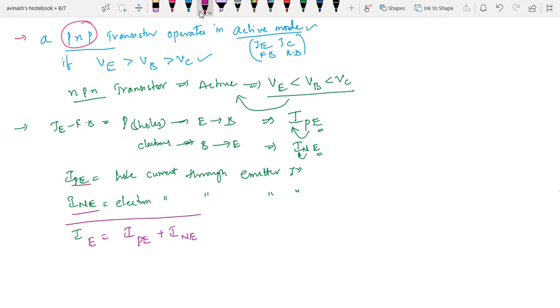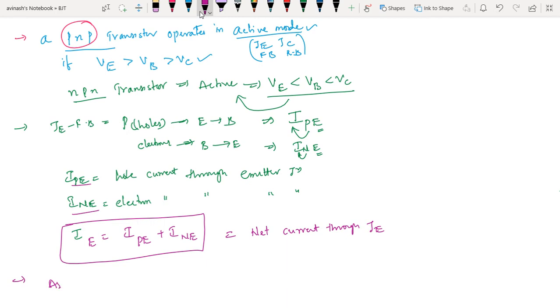So this is the total current through the emitter junction, that is nothing but the net current through emitter junction.